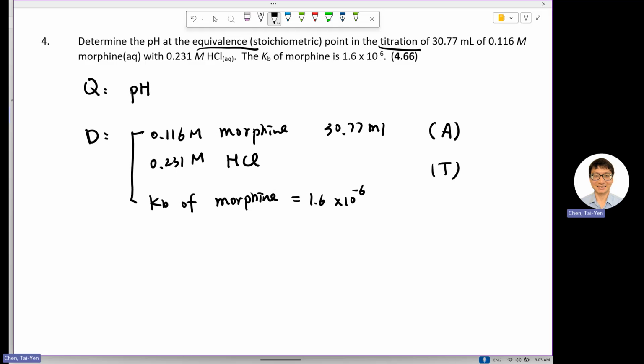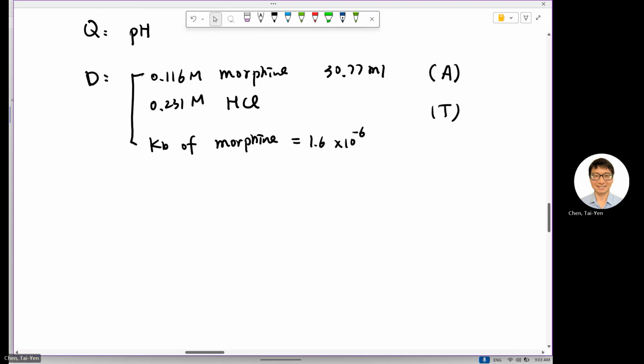The first thing you do is get back to the simple system that we have, using A minus to represent your weak base and HA for your weak acid. With all this, first thing, ask yourself, what is your analyte?